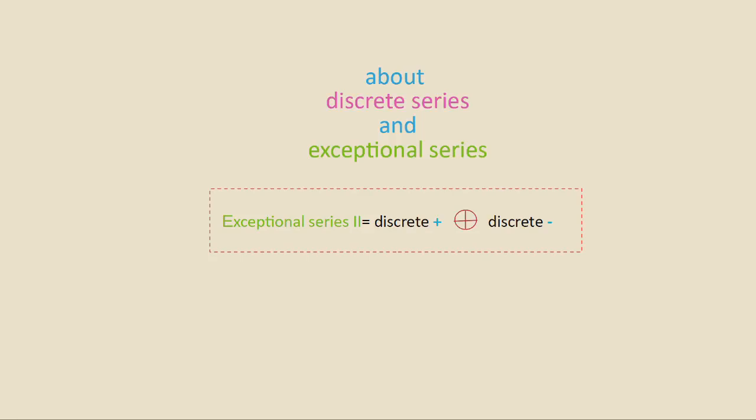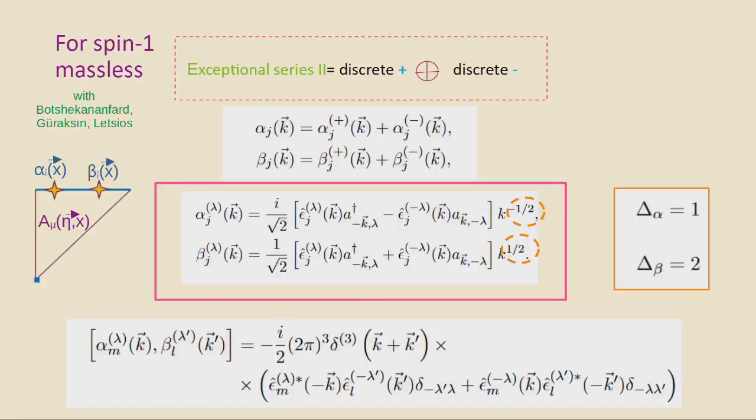So we wanted to see this happening by studying the late time behavior of a massless spin-1 field on planar patch de Sitter. And what we learned is that these discrete series labels come from helicity labels.